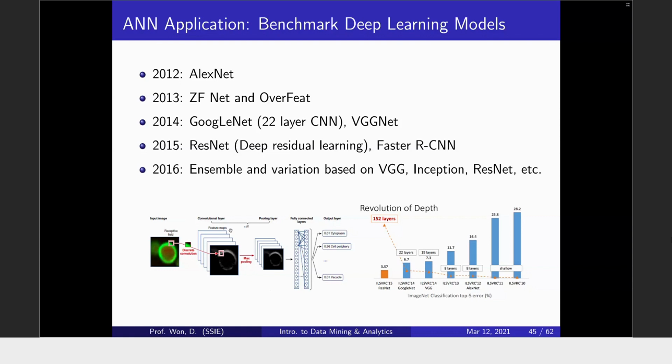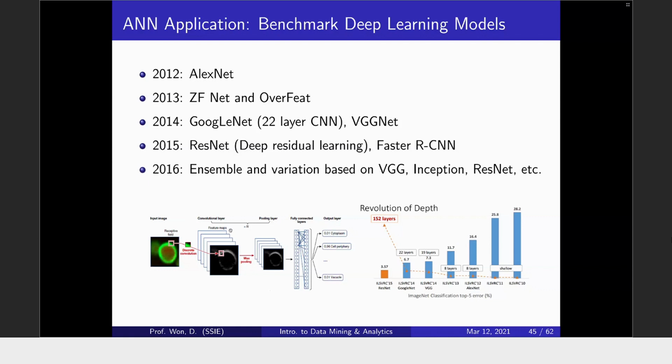Then this neural network showed remarkably great performance compared to the other algorithms, more than 10% higher, dominating all the previous competition winners.